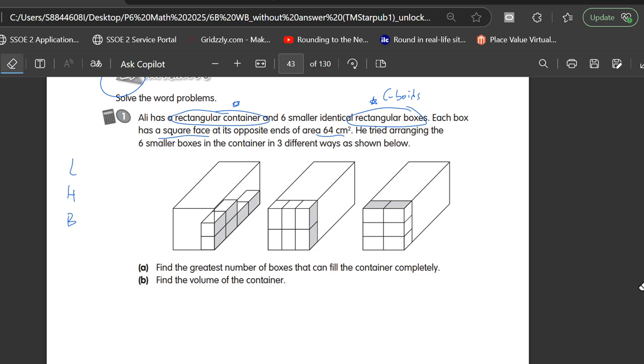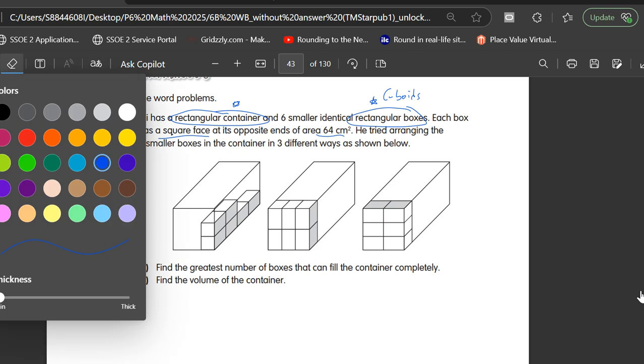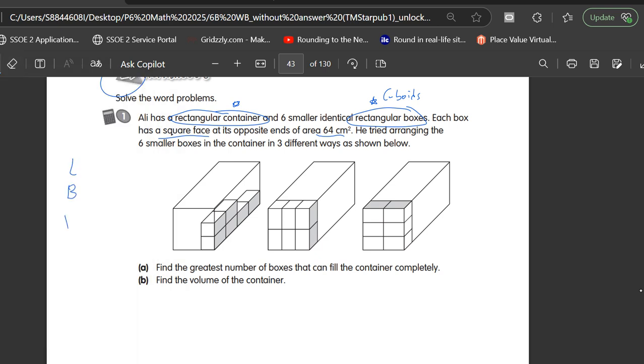Or let's verify in the order that we are used to: the length, the breadth, and the height of the container. That is exactly why the question is giving you this story. He placed the smaller boxes inside to give you a clue of the length, breadth and height.